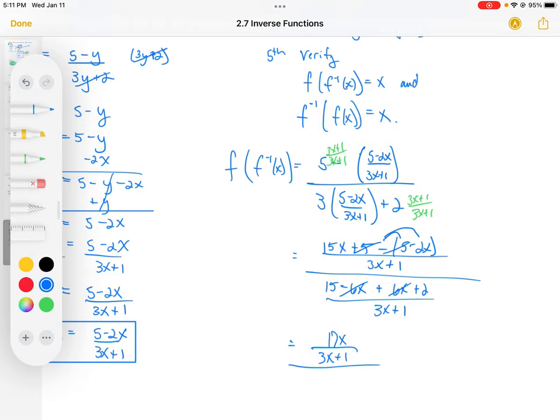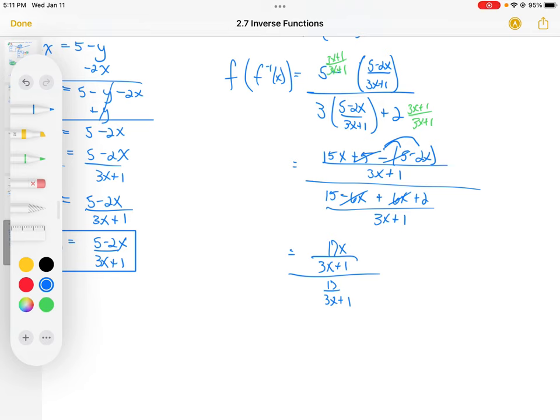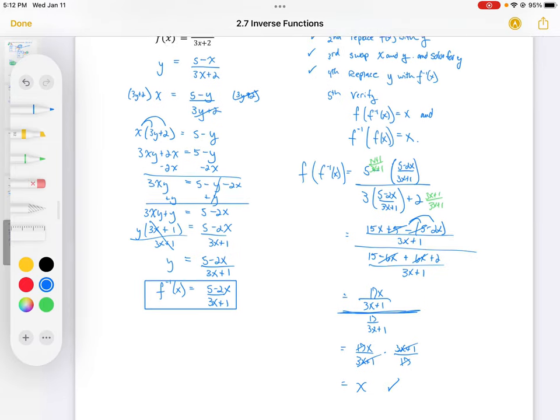And I'm left with 17 over 3x plus 1. And now if I remember, dividing is the same as multiplying by the reciprocal. We have 17x over 3x plus 1 times the reciprocal, 3x plus 1 over 17. Those cross simplify, 17 simplifies out, and we're left with x, which is exactly what we're looking for.